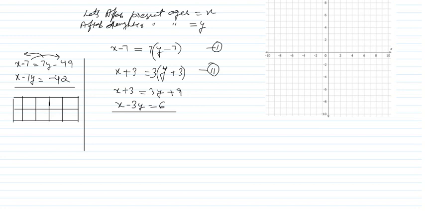Here, for x and y, we can choose the value of x accordingly and get the corresponding value of y. If we write in terms of y, this goes to this side and this comes to this side, so y is x plus 42 upon 7. If we take x equal to 0, y will be 6.